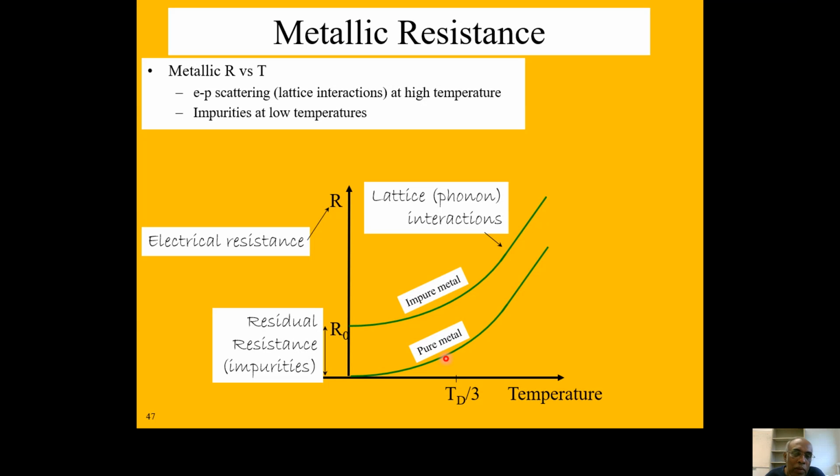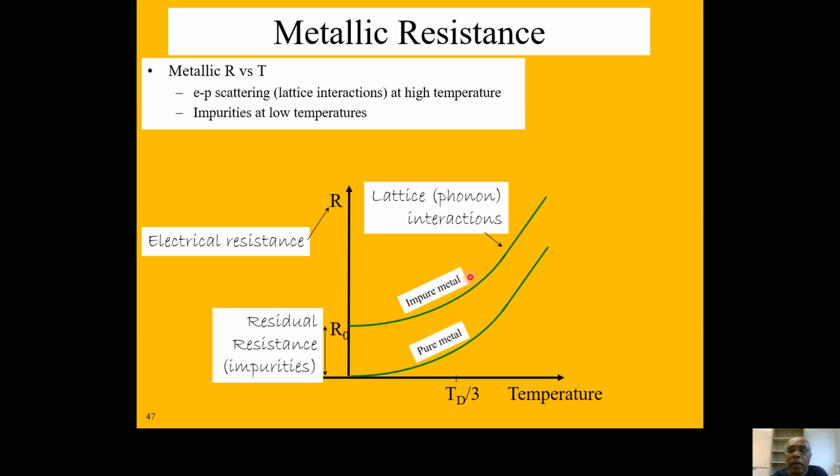That's also coming from the phonon-electron interaction, with some effect coming from electron-electron interaction also. If you go to much lower temperatures, they behave more like T to the power 2. That is all about electron-electron interaction, because you don't have any phonons anymore at such low temperatures. But that is a typical pure metal.